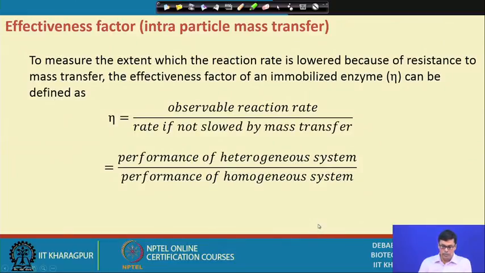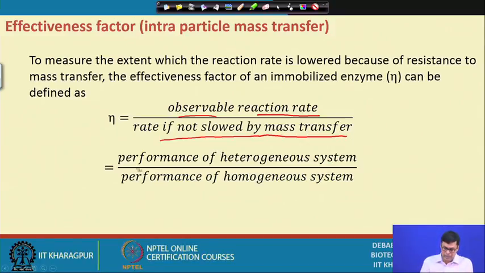So now if we go back to the effectiveness factor we have explained before, that is, what is the effectiveness factor? The observed reaction rate divided by the rate if not slowed by the mass transfer. So this can be explained like this when there is no mass transfer limitation.